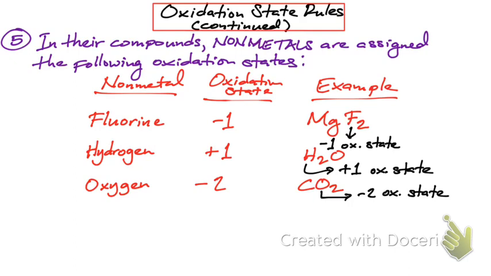Now here's my question. What would be the oxidation state or oxidation number of carbon? So in order to determine the oxidation state of carbon, you would set the sum, the total oxidation number of all the atoms in that molecule.